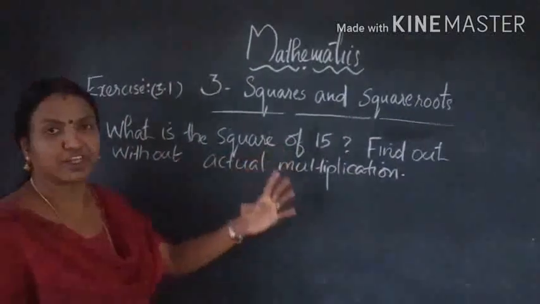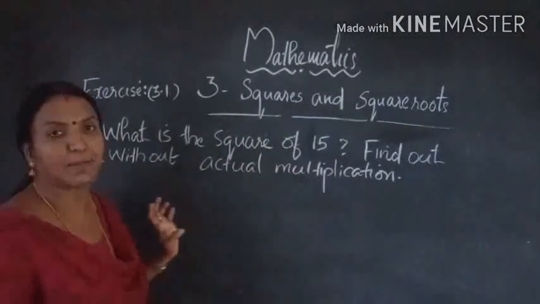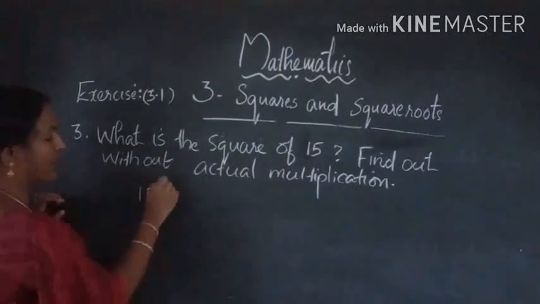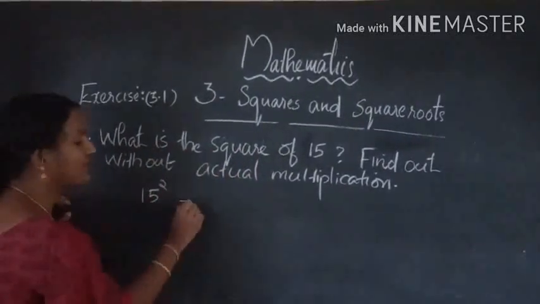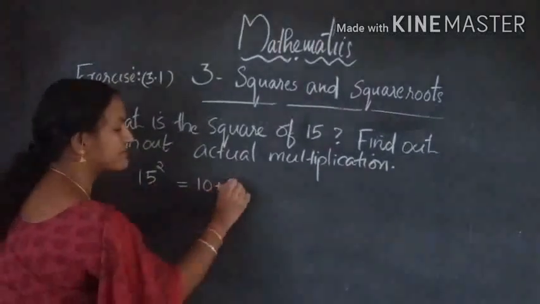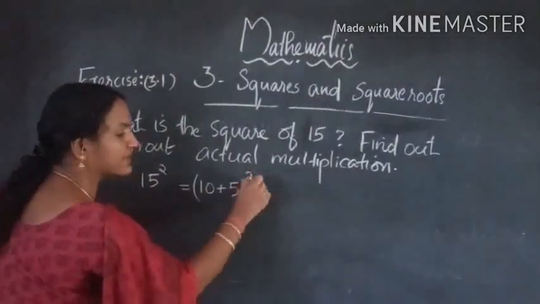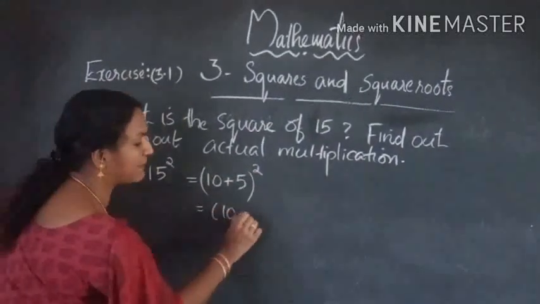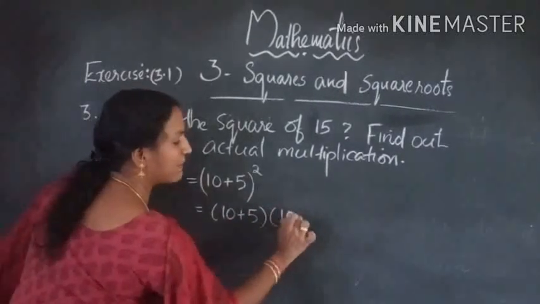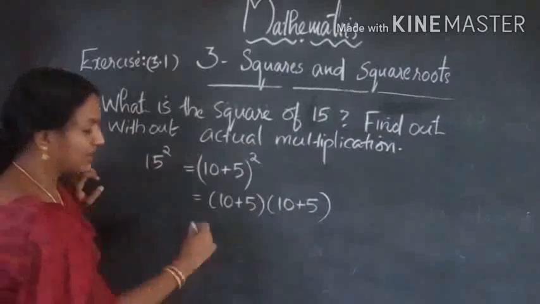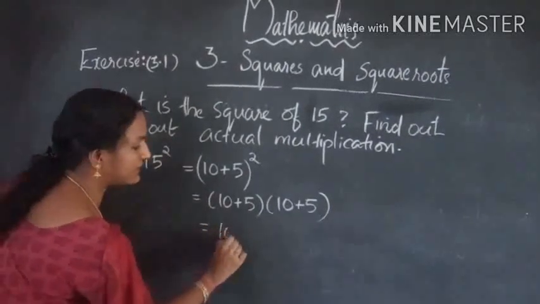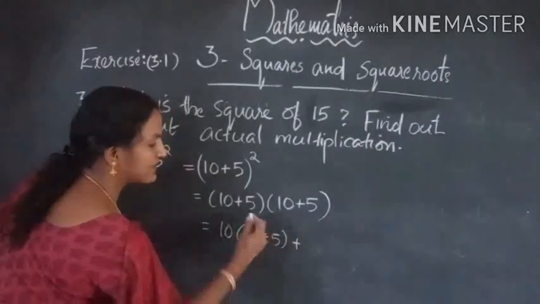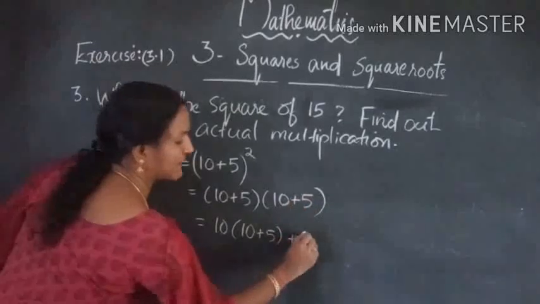What is the square of 15? Find out without actual multiplication. 15 can be written as 10 plus 5. So we have to find out 10 plus 5 the whole square. 10 plus 5 into 10 plus 5 is equal to, first multiply 10 into the whole term, 10 into 10 plus 5, plus, next we multiply 5 into 10 plus 5.